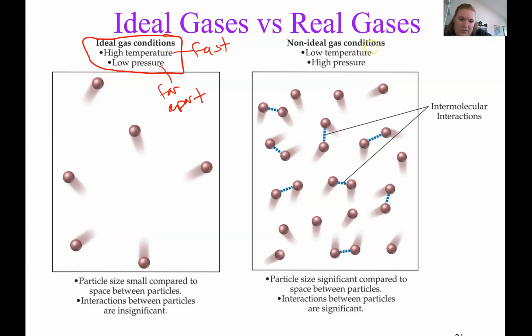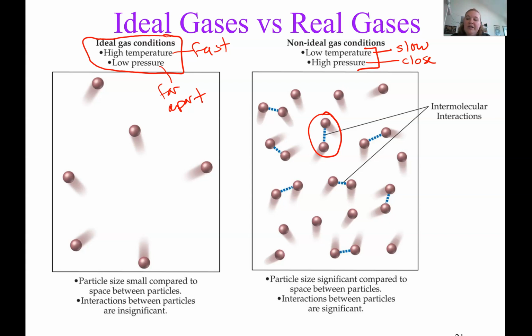If, though, we have low temperatures, so now they move slow, and high pressures, so now they're closer together, we don't have ideal conditions anymore, because now they're moving slower and they're closer together, so that means that's going to allow them to interact. The little blue lines here is showing those interactions, and they could be attractions or they could be repulsions, but either way it's going to change their properties.